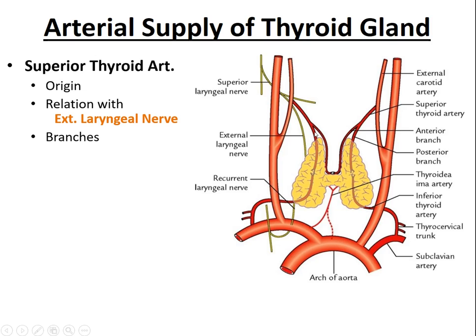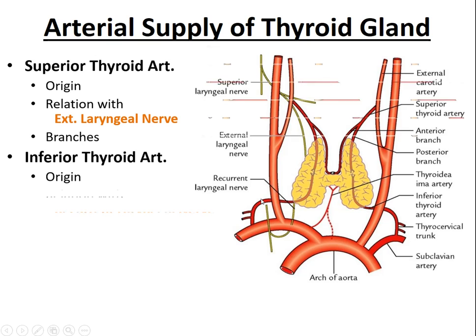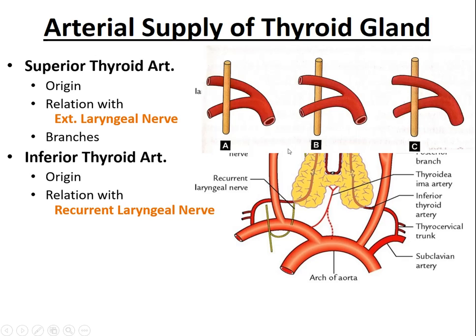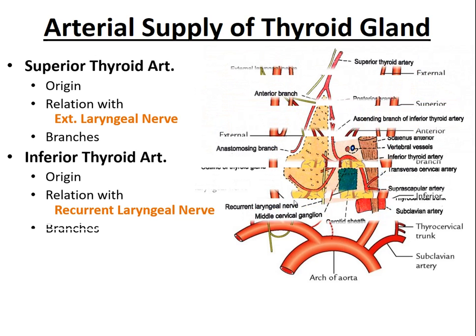So the superior thyroid artery should be ligated nearer to the gland. And the inferior thyroid artery, which is a branch of the thyrocervical trunk, we also know its relation with the recurrent laryngeal nerve. It is away from the recurrent laryngeal nerve, and as it goes nearer to the gland, both are nearer. So it should be ligated away from the gland.